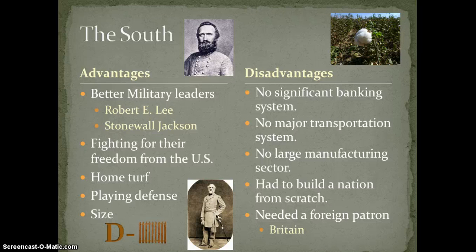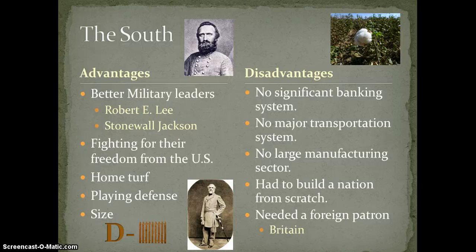And then they also had home turf advantage. They understood the land, they knew where to go, they knew where to hide, and they're also fighting for their own homes and their families, which is pretty inspirational, and you want to defend your own home.